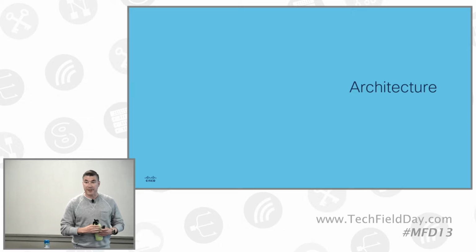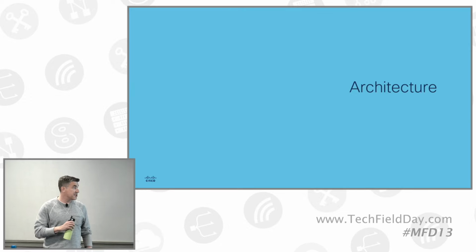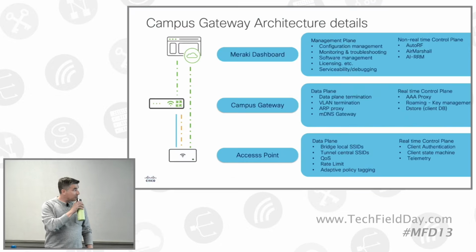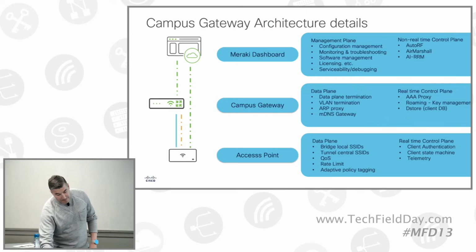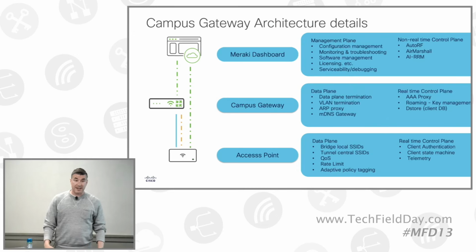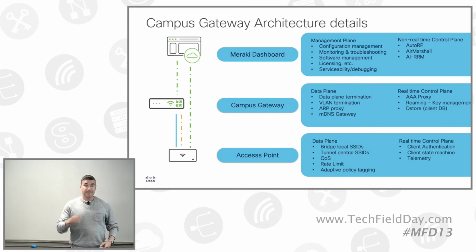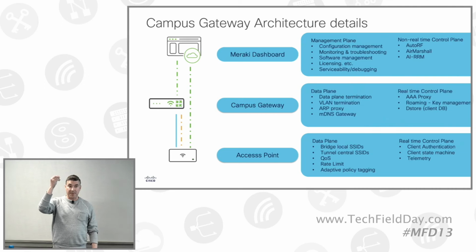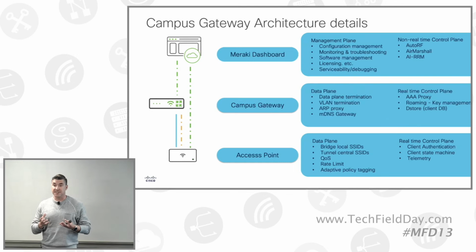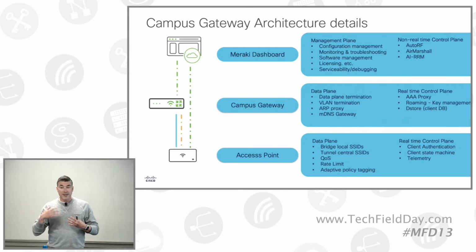Now let's talk about the architecture. This is the key differentiator here. For those of you familiar with Meraki Dashboard, which I'm sure everybody in this room is, all your management lives up in the cloud, right? That is very different from a controller where everything lives on the controller. You have management, control, and data plane all wrapped up in one box, and it does everything. Well, in Dashboard, we're keeping all that there.